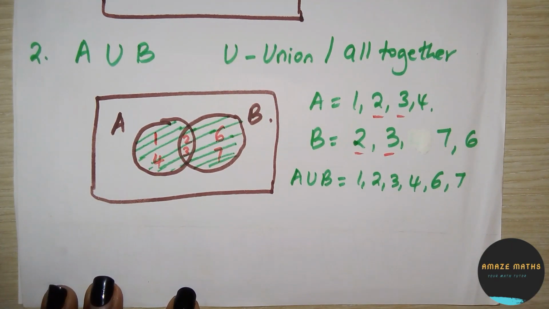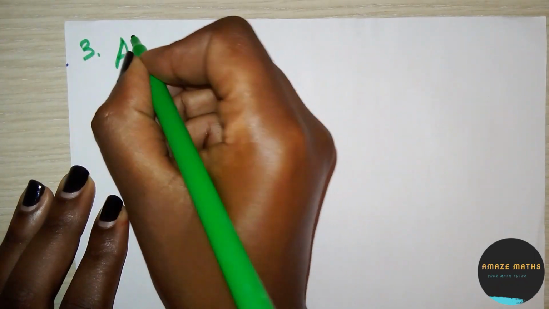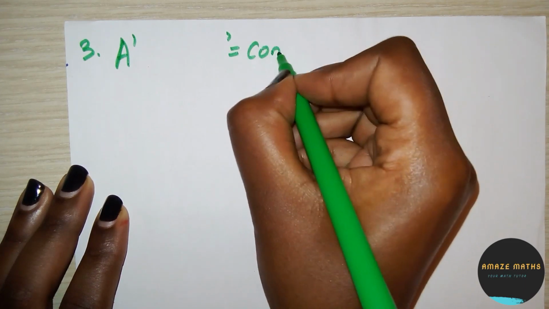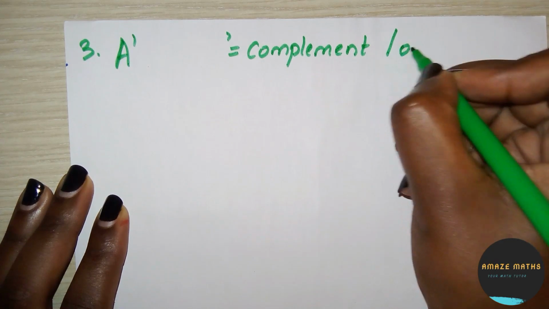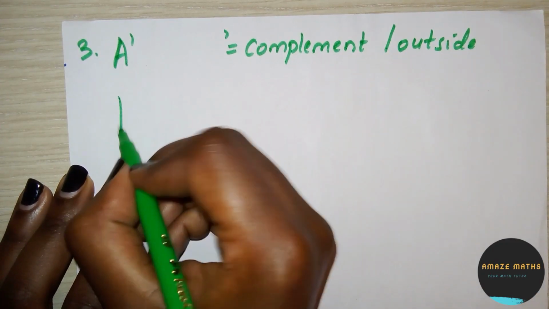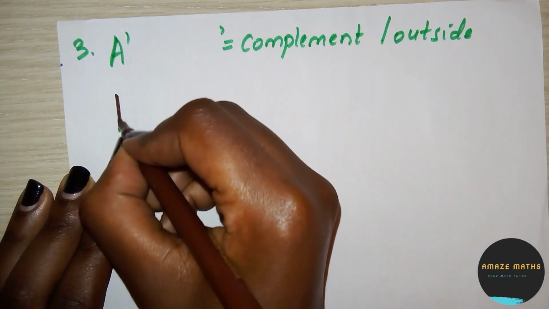Now we can go to the third one. Number 3, we have A complement. This one means complement, or what is outside that specific set. So let me draw the universal set.